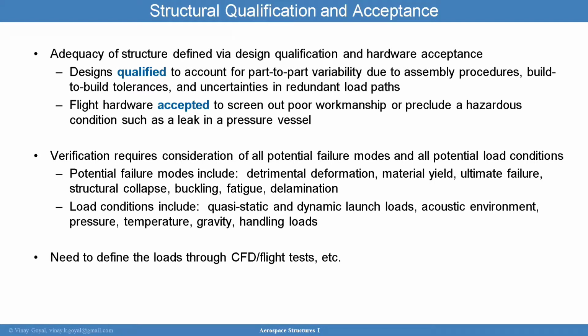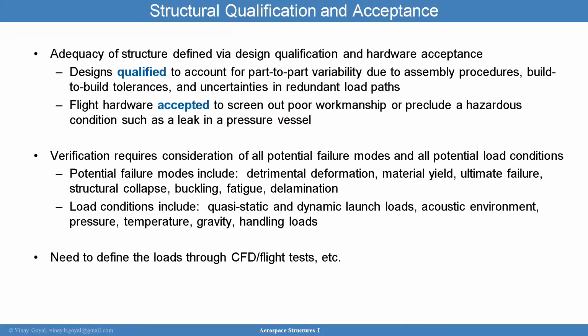So the flight hardware is typically accepted to screen out poor workmanship or to preclude a hazardous condition such as a leak in a pressure vessel. So in addition to the qualification of a dedicated article, we also would like to look at when I produce.